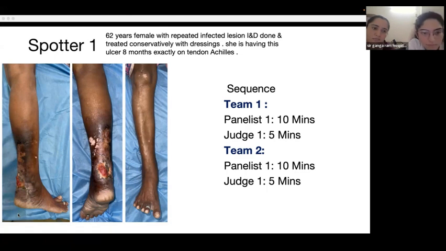Any other advantage or disadvantage? The fasciocutaneous flap will be bulky compared to the adipofascial flap alone. Bulky, she's telling.